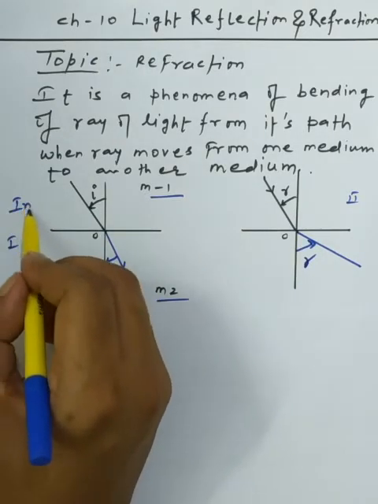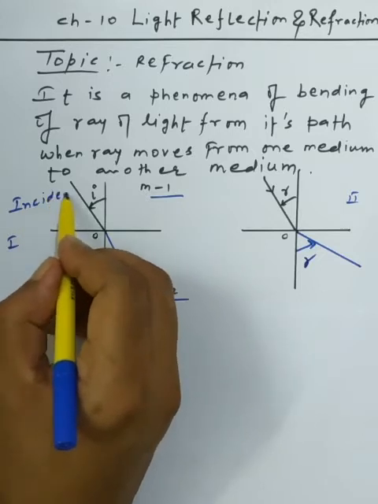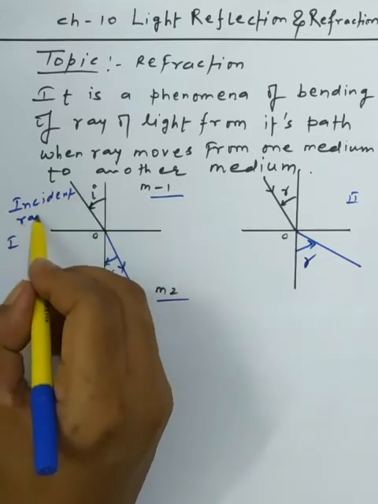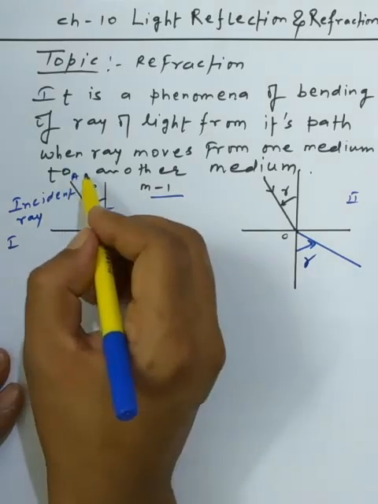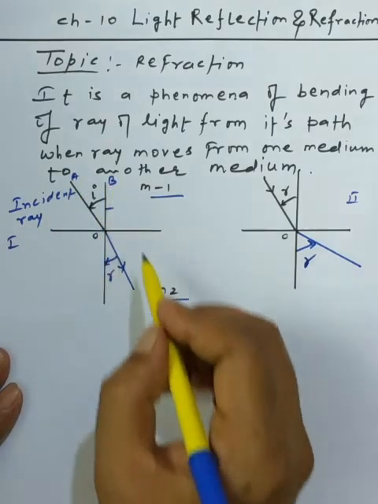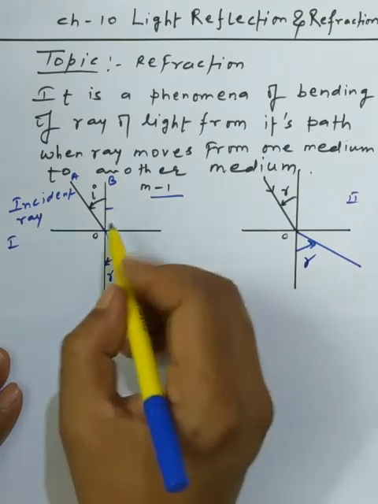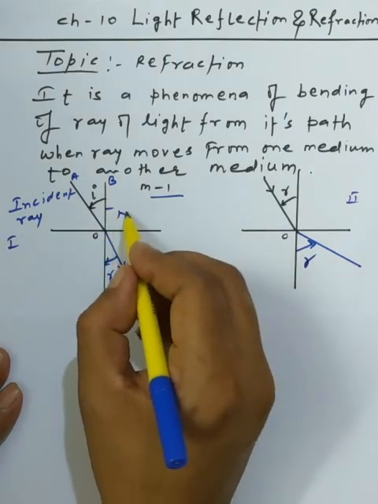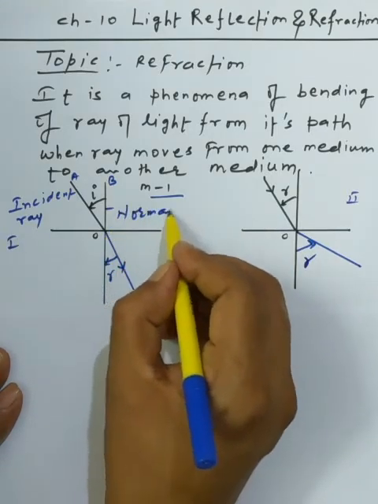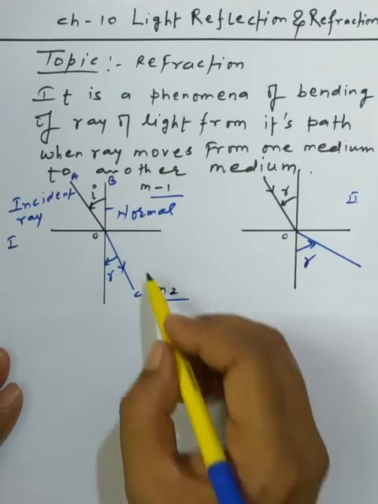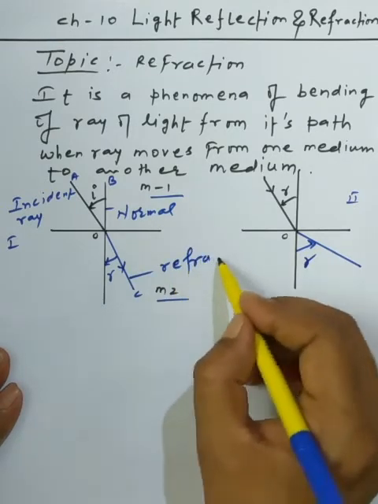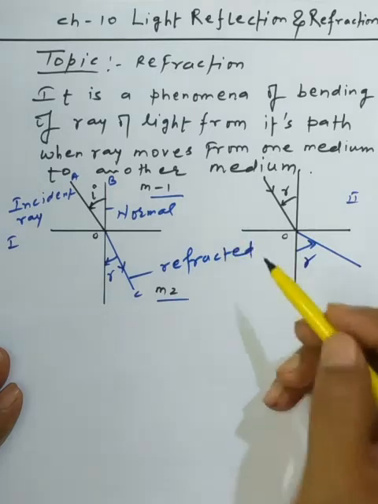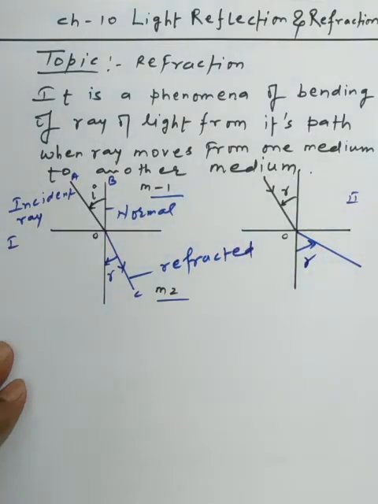This one is called the incident ray, and suppose this one is A, this one is B, and this one is C. So BO is called the normal, and the other section, OC, is called the refracted ray. So this is the general representation of refraction on paper.